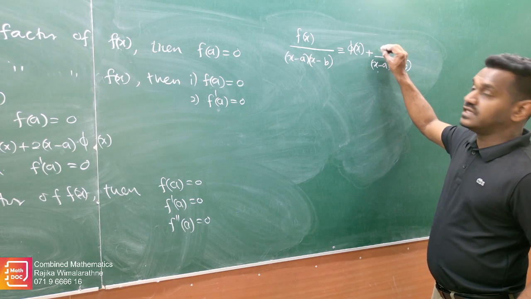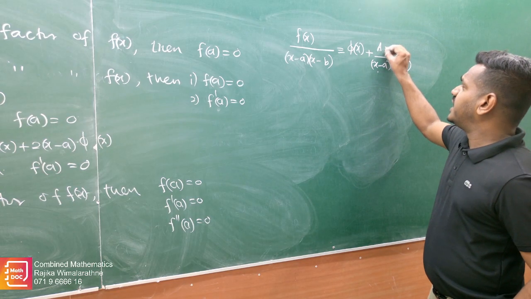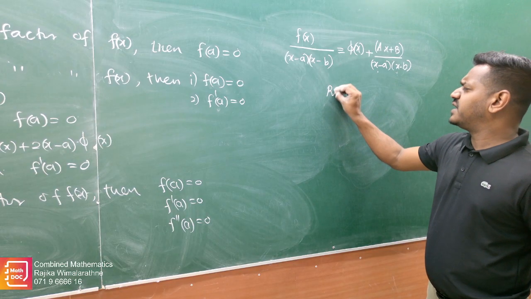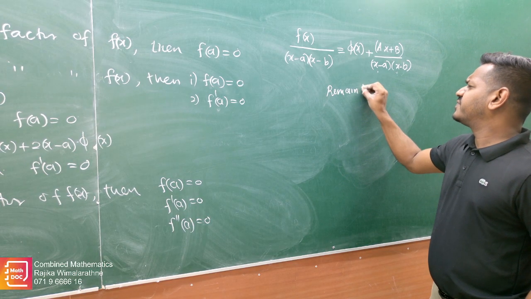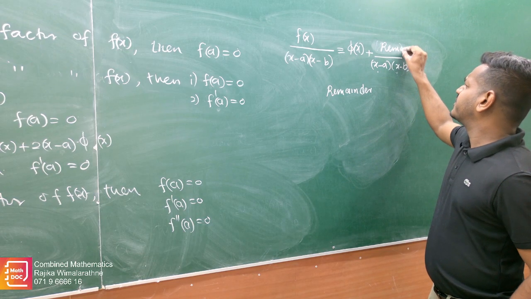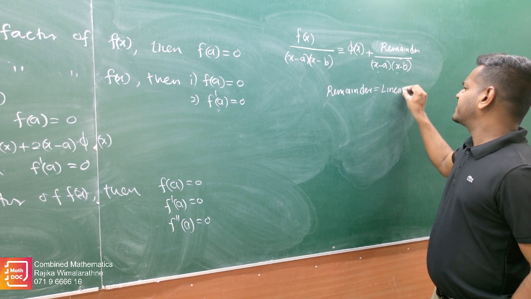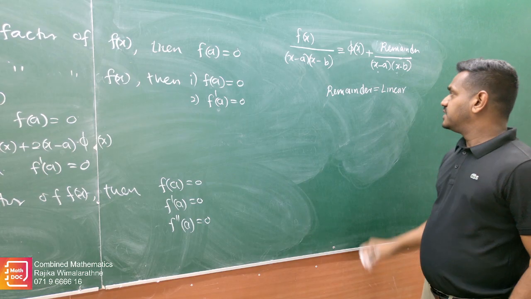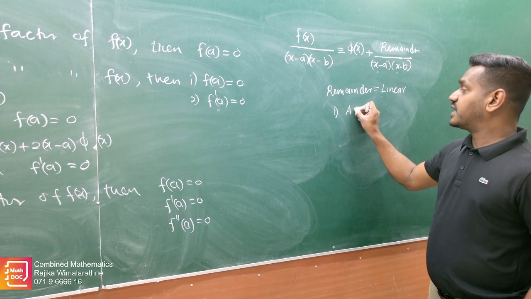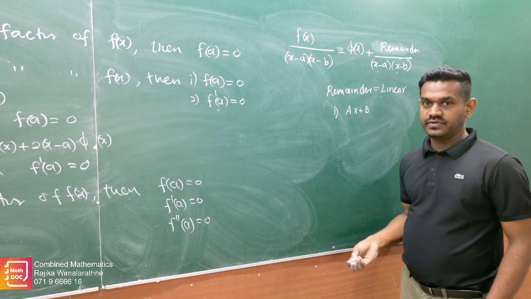Then we know the remainder is linear, so you can write a x plus b. Remainder is linear. Then you can write this remainder in the linear pattern, a x plus b pattern. That is true.